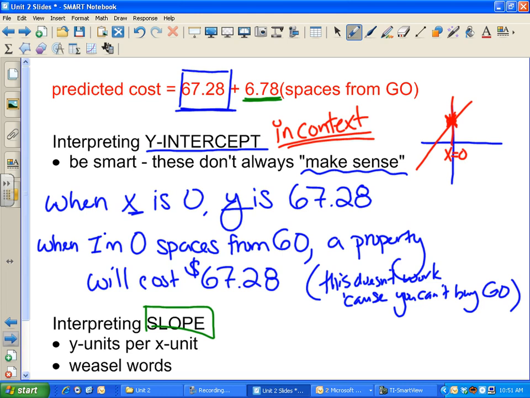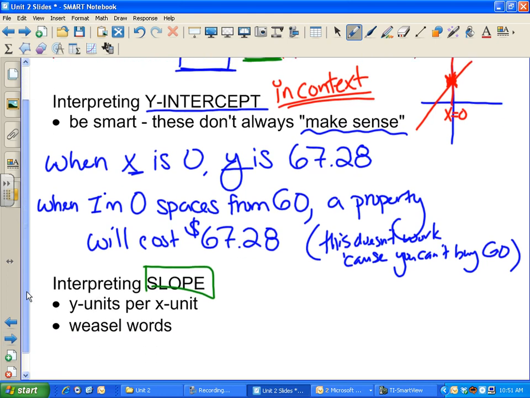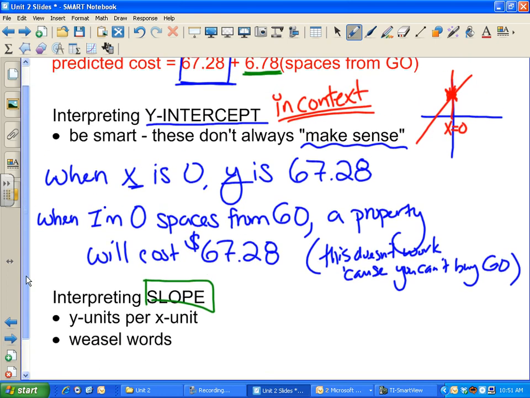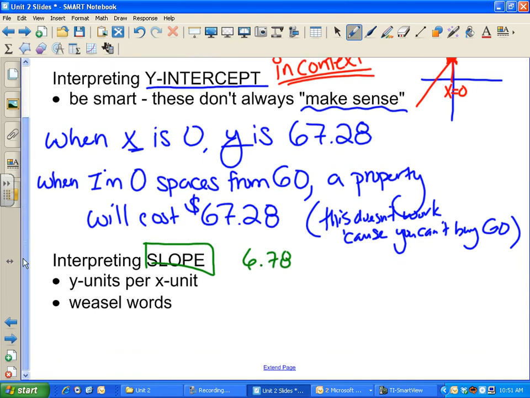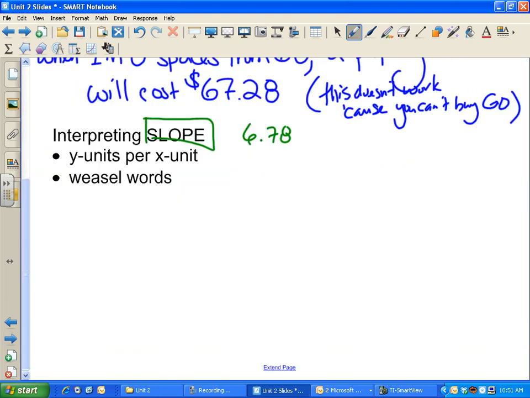You've probably never been asked to interpret a slope before. So just to be real clear, the slope is 6.78. Just going to write that down so that I can move my screen a little bit. You've probably heard of slope as being rise over run. So it might be helpful if I showed you our slope as a fraction, rise over run.